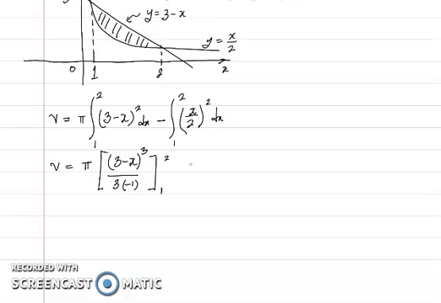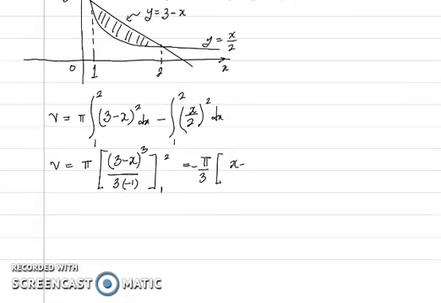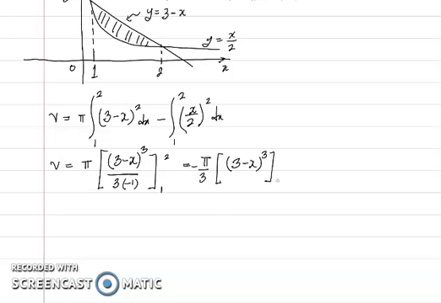Let's pull out the minus 3. So we have minus pi over 3, and then 3 minus x raised to the third power, from 1 to 2.